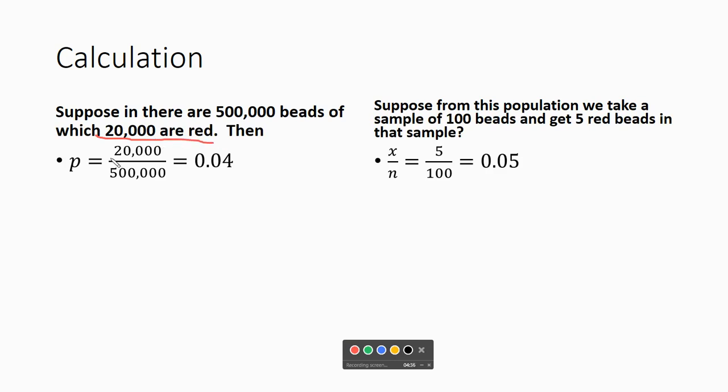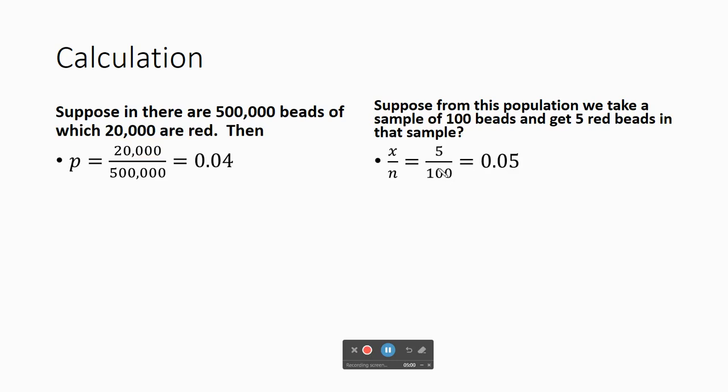Okay, then the proportion of the beads that are red are 20,000 divided by the total number of 500,000. This gives us 0.04 proportion, or if you insist, 4%. It's even ugly to write out.